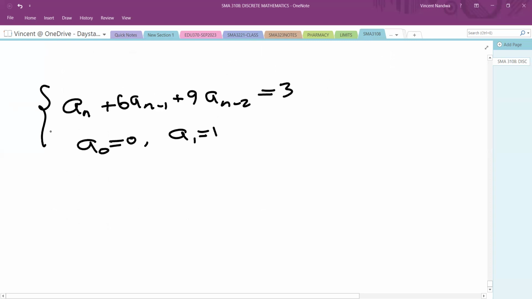So know that in this case, when you'll be finding the particular solution, your f of n is given by 3, which is a constant.